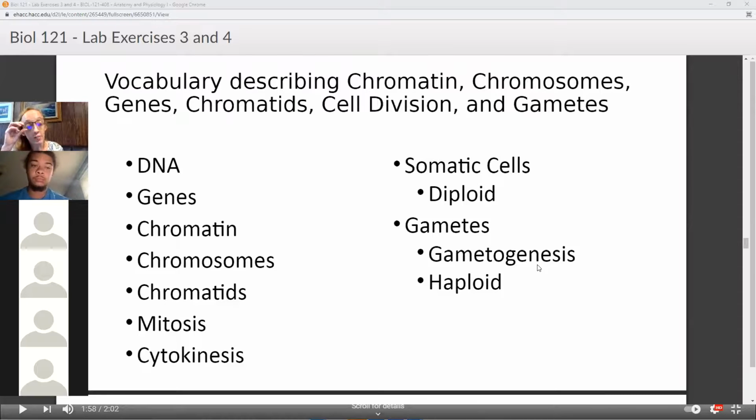Myogenesis is the formation of muscle. Anytime that you see that on the end of a word, you know that you're talking about the formation or the creation of something, the synthesis of something. So this is the formation of gametes.